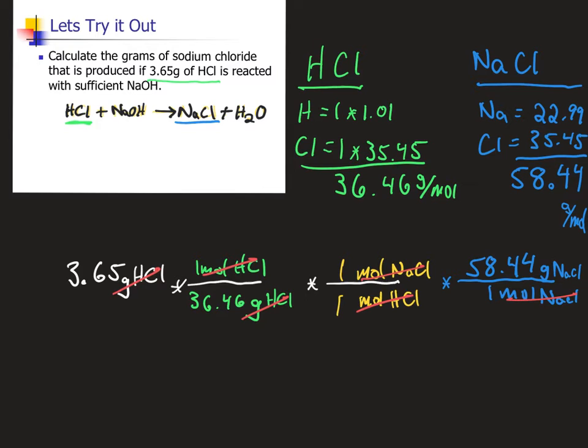So it ends up being 3.65 times 58.44 divided by 36.46 to give us an answer of 5.85 grams of sodium chloride.